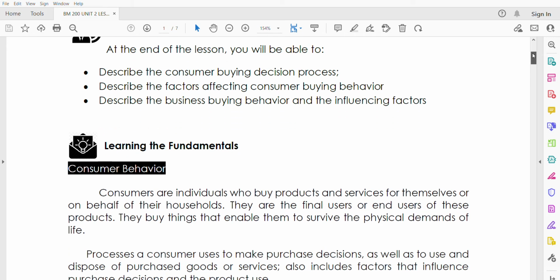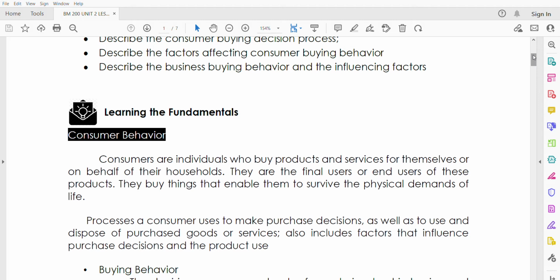So consumer behavior, this is done by consumers. Who are the consumers? Consumers are the individuals who buy products, so they are our customers. Both products and services na ilang ginabay or gina-avail for consumption, for survival, for use in their households, for fulfilling their needs and different wants.